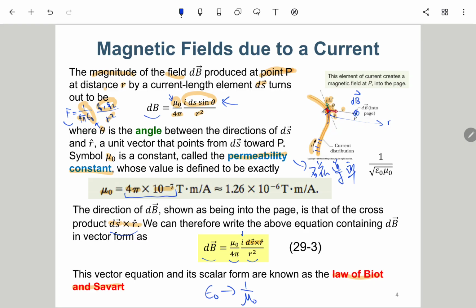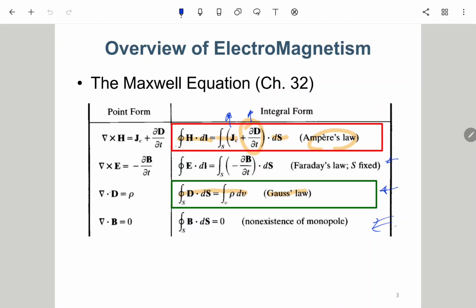These two constants are really important. In chapter 33, we will learn that 1 over square root of epsilon mu naught is actually the speed of light. We can solve the wave equation, which is derived from the Maxwell equations.